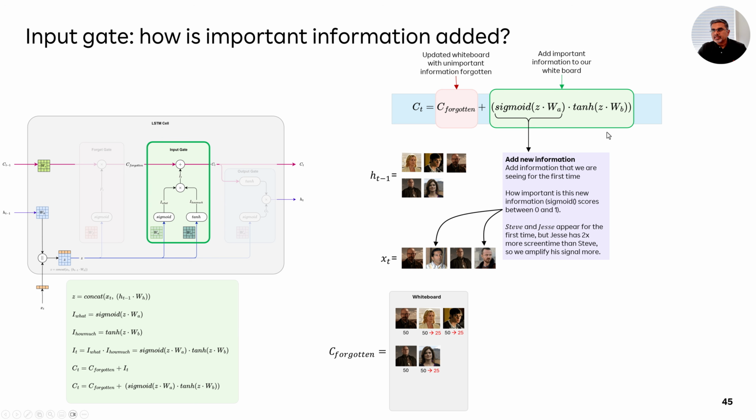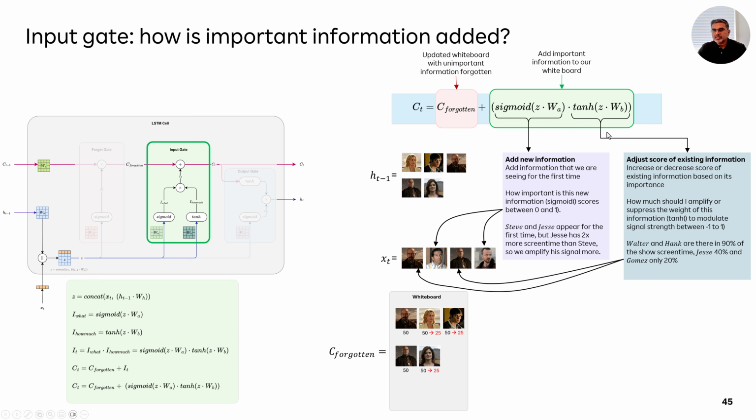Now you also need tanh. What the tanh does is it'll also say, for the existing characters that are there in our whiteboard, how much do we amplify their signal or how much do we change their signal strength? Basically, Hank and Walter are already there, and again they appear in this episode. So we don't have to add them, but we have to amplify their signal further.